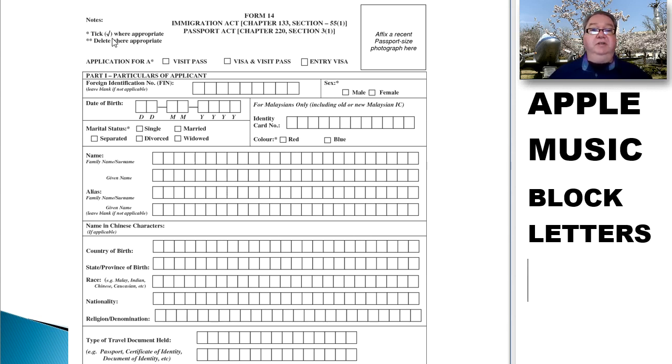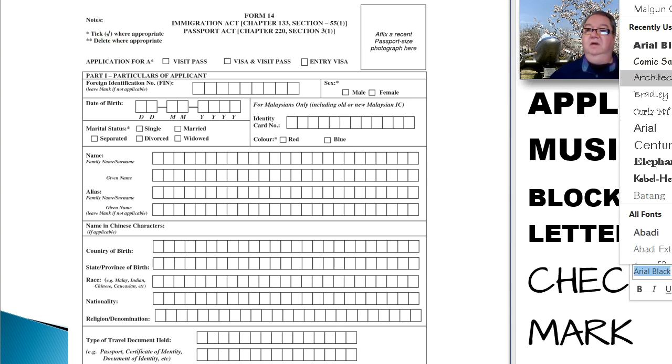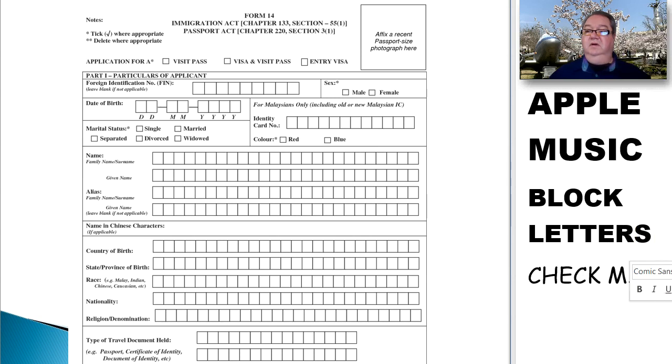So let's look at the instructions here at the top. It says tick where appropriate, and for the tick here, they show a little check mark.